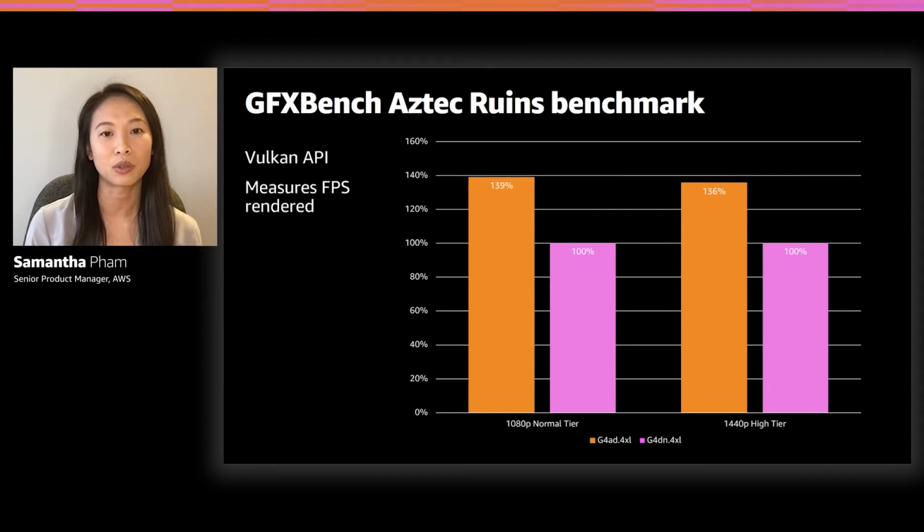Using that mode, we've seen that G4ad offers 39% better performance compared to G4dn. With the high tier mode that runs at a higher resolution of 1440p, with more effects and textures to increase the complexity of the graphics, we see that the G4ad instances outperform the G4dn instances by 36%.